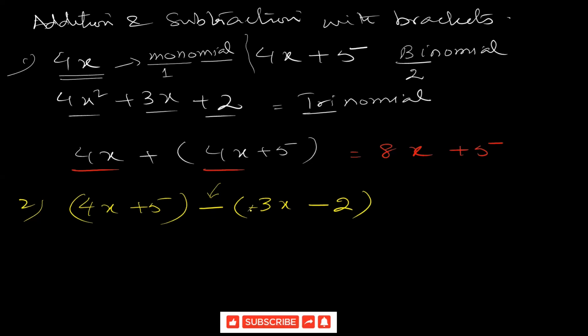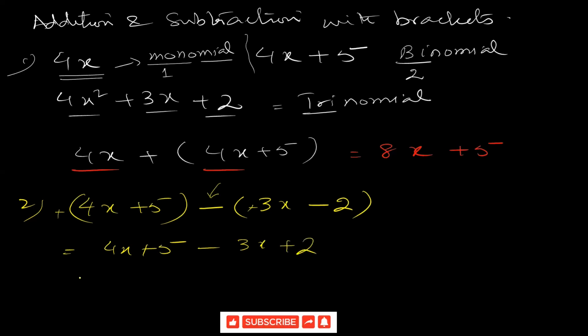So when we open the bracket, this plus will become negative and this negative will become positive. So we can rewrite this 4x plus 5. We do not change the signs of the first bracket, because nothing was written outside it, meaning it was a plus sign. So here 4x plus 5 minus 3x, this minus will become plus 2.